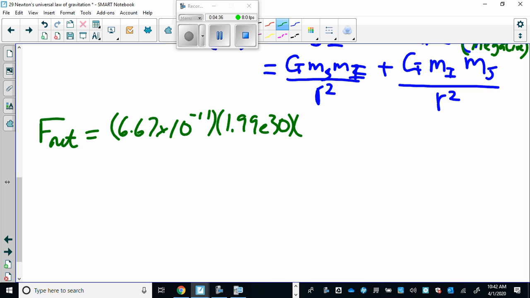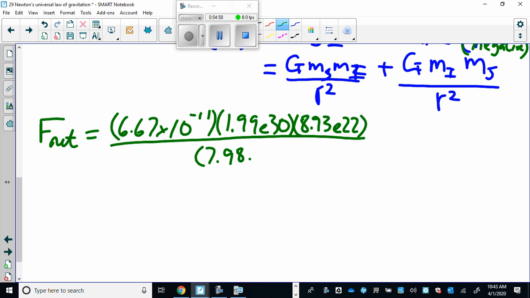And Io is E22, divided by the distance between Io and the Sun, which is 7 E11, all squared. So there's the gravitational force between the Sun and Io.